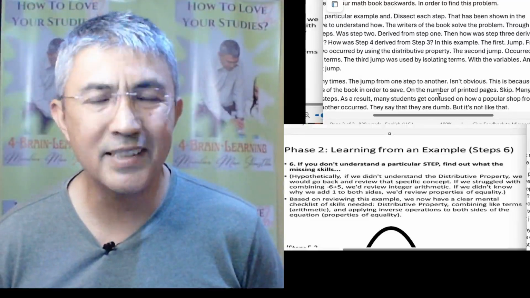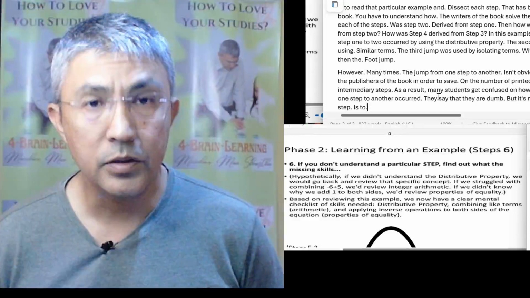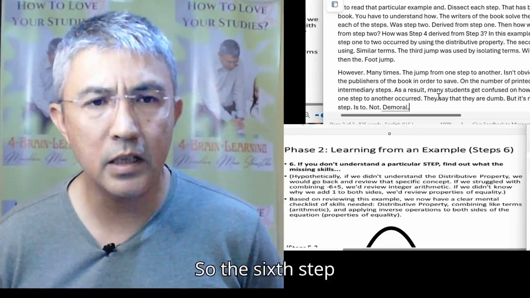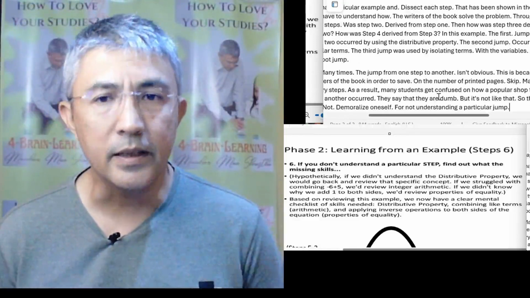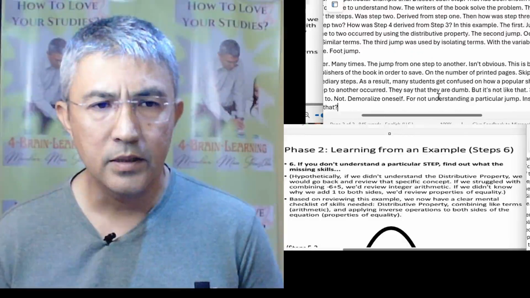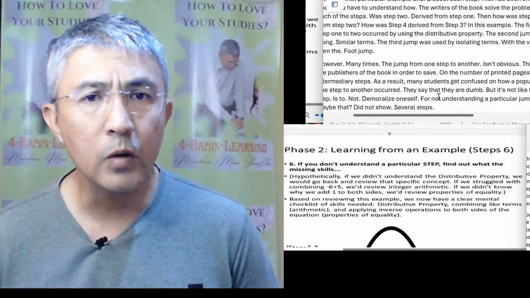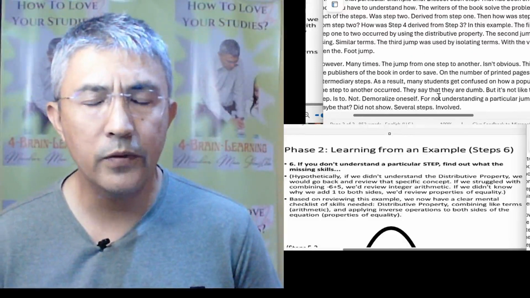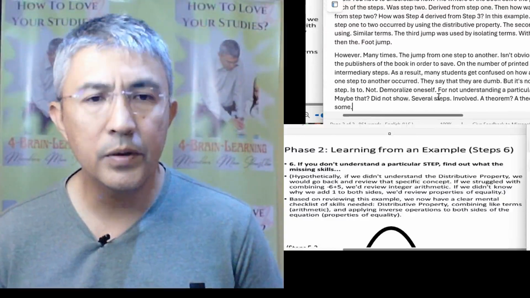So the sixth step is to not demoralize oneself for not understanding a particular jump. Instead, maybe that jump that did not show several steps involved a theorem, a theory or formula, or some rules from earlier classes.